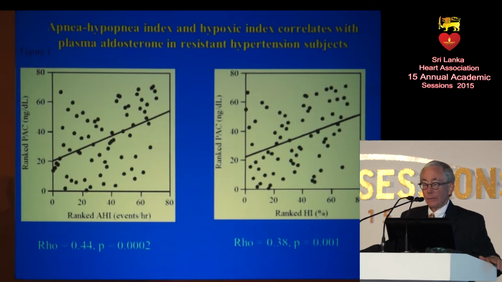You can see here the apnea-hypopnea index and hypoxic index correlates directly with plasma aldosterone in resistant hypertensive patients. What I just can't answer is whether or not simply giving spironolactone is enough. I don't think it is, and I think that's the biggest concern.